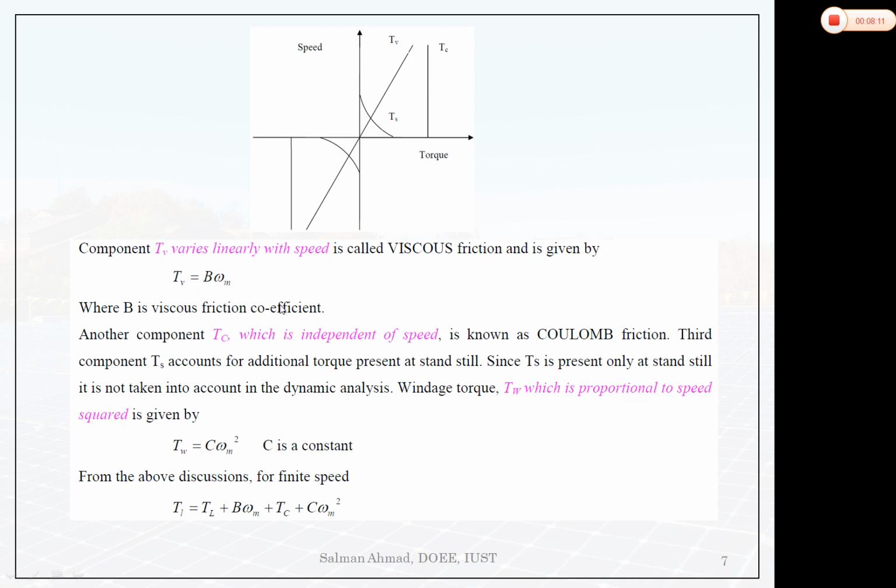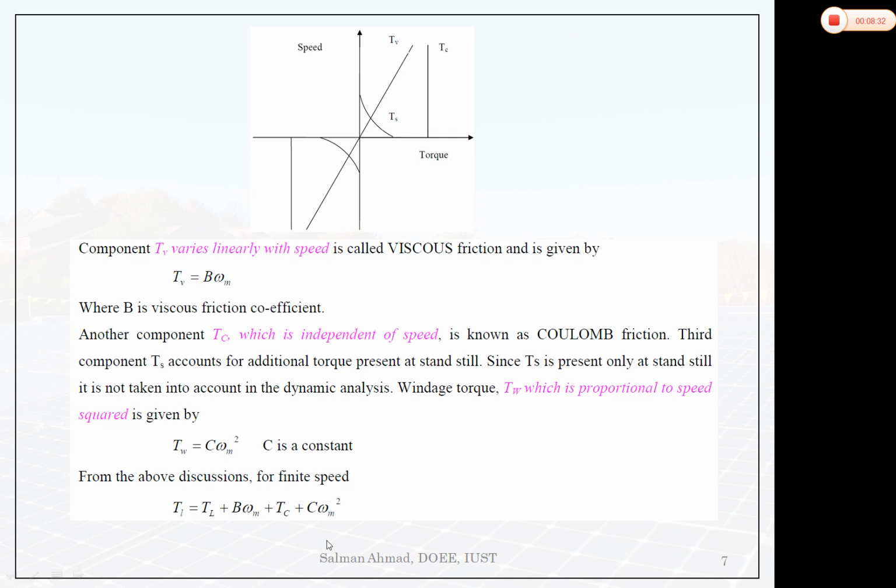As I discussed in the previous slide, TV varies linearly with the velocity, TC is independent of speed, that is called Coulomb friction, and TS was static friction, which is present only at rest or at very low speeds.